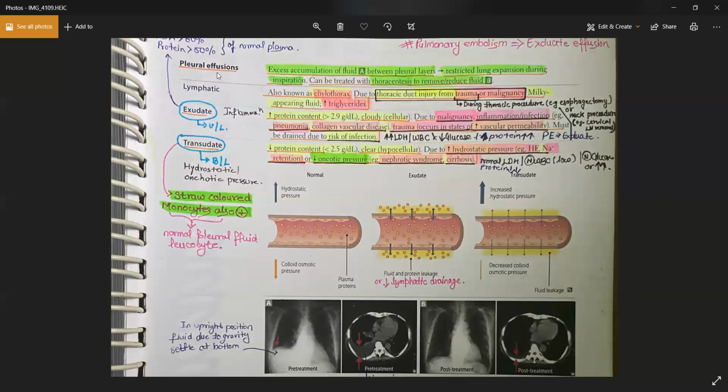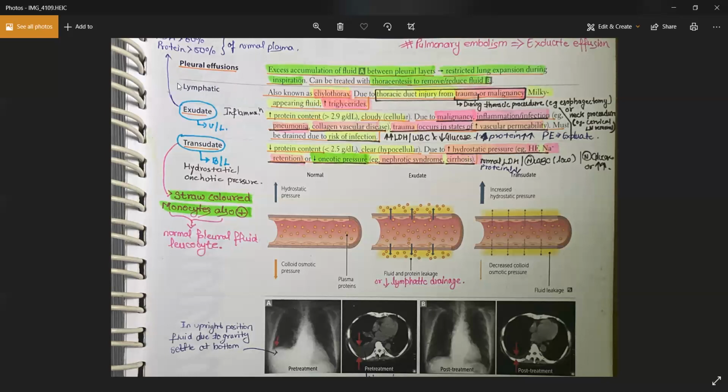So remember, neck and thoracic surgeries are mainly what can cause this condition. The other cause is malignancy: when you have blockage of the lymphatic vessels, that can cause a lymphatic type of fluid. So these are the causes of lymphatic pleural effusion.